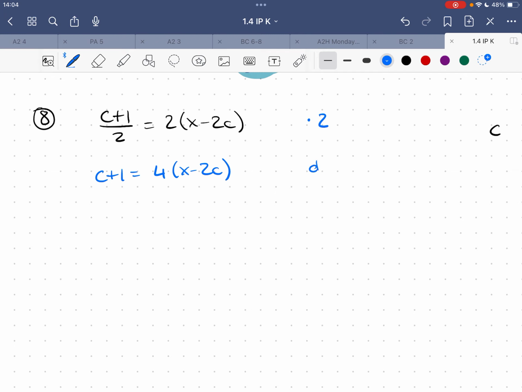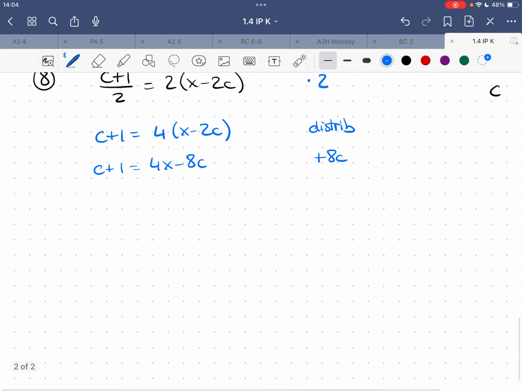And now I'm going to distribute. c plus 1 equals 4x minus 8c. And now I'm going to move all the c's to one side, so I'm going to add 8c. So plus 8c, this is going to give me 9c plus 1 equals 4x.